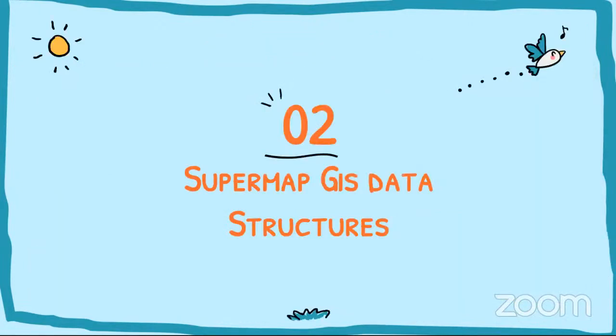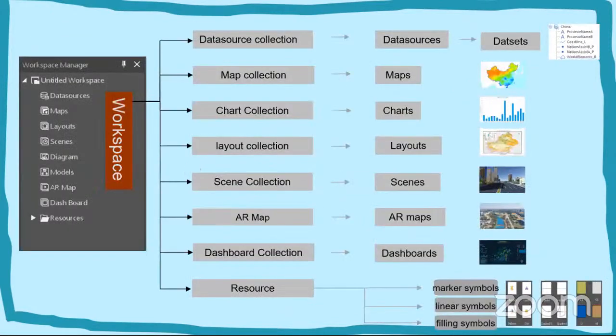Next, we go to our sub-content, which is the GIS data structure. This is the GIS data structure that you can see in the iDesktopX interface when you open the software. It has a workspace, and under the workspace, it has a data source collection, map, chart, layout, scene, dashboard, and resource collection. We have maps, data sources, and others under each collection.